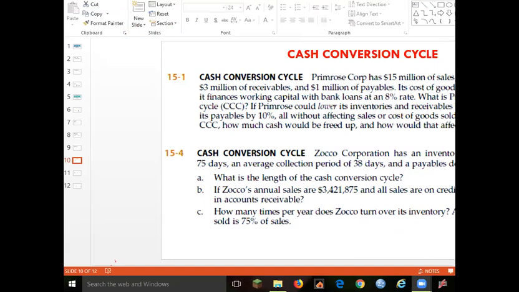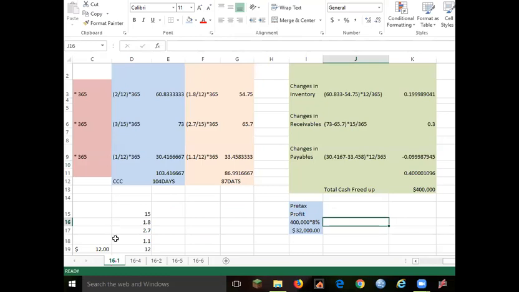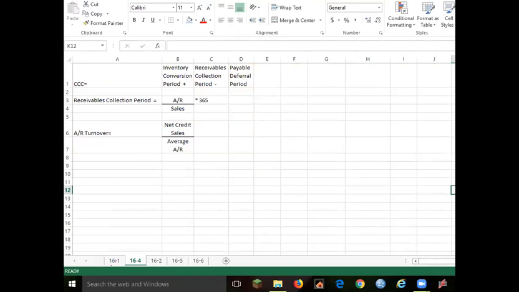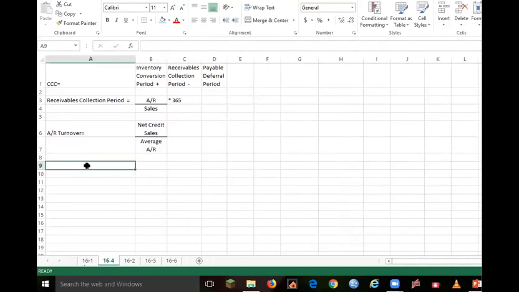So here is the Excel sheet for the solution. The first requirement is cash conversion cycle.